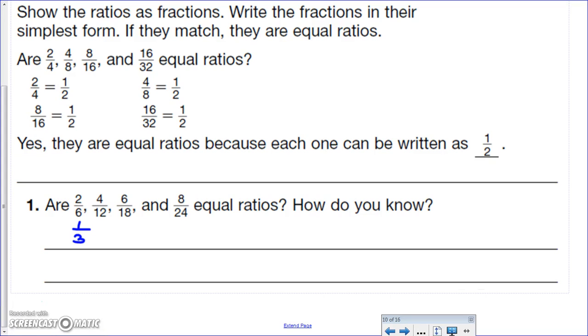Next, we look at 4/12. We can divide the numerator and the denominator by 4, which also simplifies down to 1/3. Third fraction, 6/18, we can divide the numerator and the denominator by 6, so that also simplifies to 1/3.